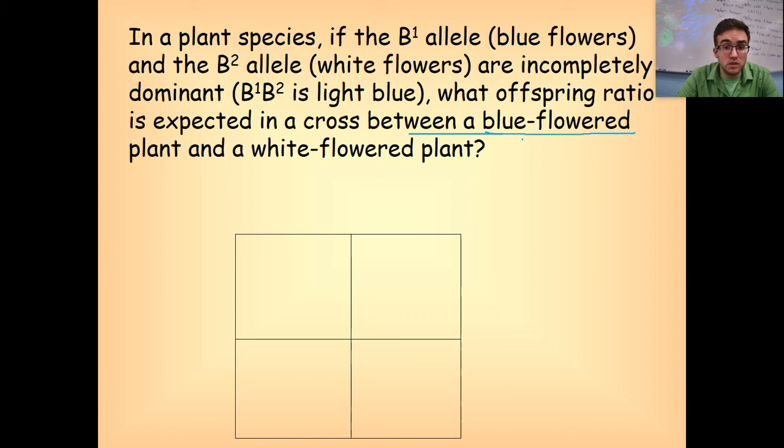Well, for it to be blue, it needs both B1 alleles. So I'm going to write that as best I can with a mouse. Oh, that's supposed to be a 1. B1 up here. And then it says a white flowered plant. Well, white is B2, so for it to be white, we need both B2 alleles.